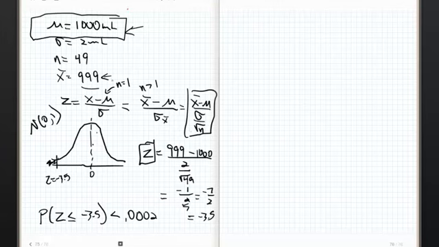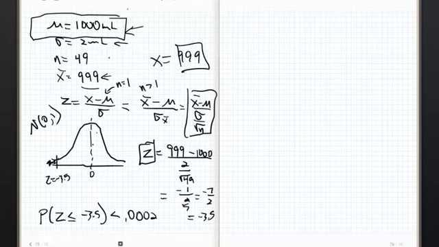And since I grabbed a random sample of 49 of these and ended up with a mean of 999 milliliters, which is shy. Now you may say, Ridley, 999, it's 1 milliliter shy. Well, if all I had was a single x value and it was 999, well, the standard deviation for any one Pepsi bottle is 2 milliliters. So this is completely acceptable.